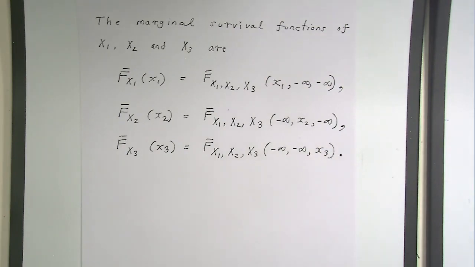So to obtain the marginal survival functions, you put all the arguments equal to minus infinity, except for the argument that you're looking for. For x1, you put all arguments except x1. For x2, you put all arguments except for x2, and so on. This is how you obtain the marginal survival functions.